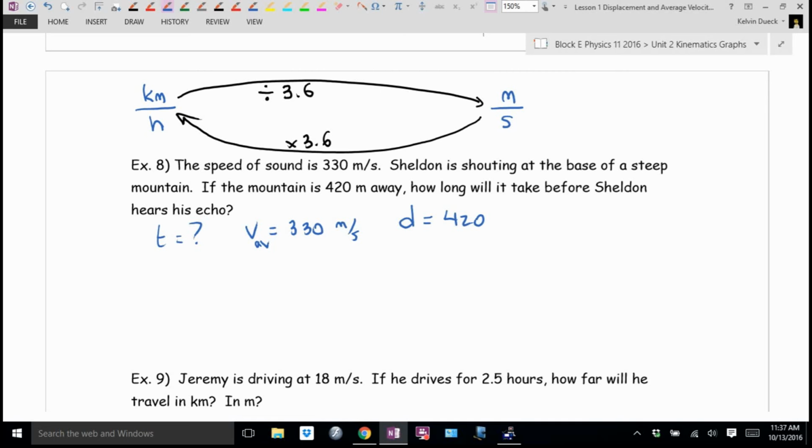No, units are fine. The other direction. No need for a direction here. We're in Scalarville. Okay. You know how an echo works? Are you telling me the sound is traveling 420 meters? How does an echo work?